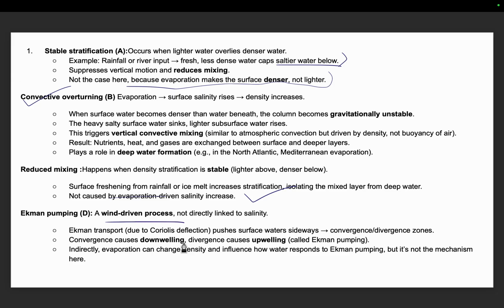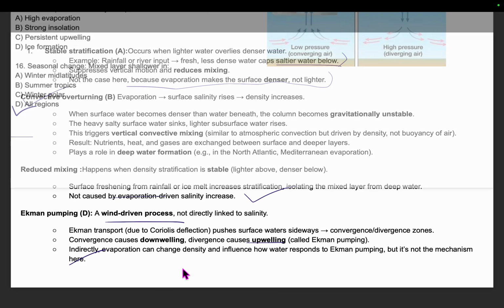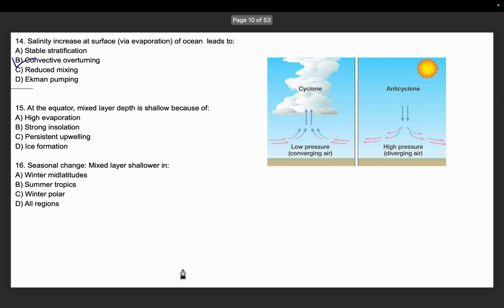Ekman transport, through the Coriolis effect, pushes surface water sideways into convergence or divergence zones. Convergence causes downwelling and divergence causes upwelling. Evaporation is not the cause here.